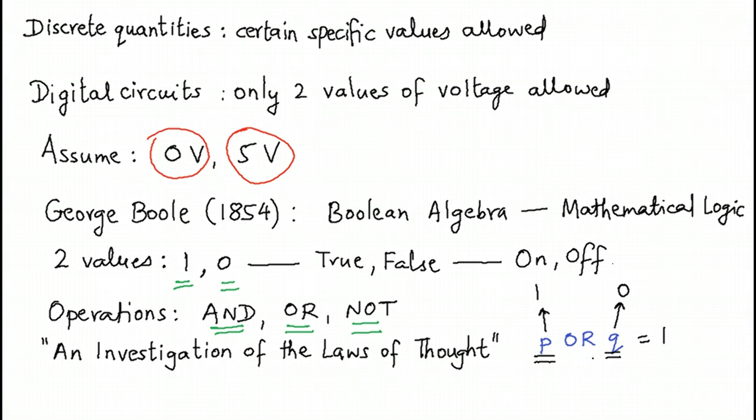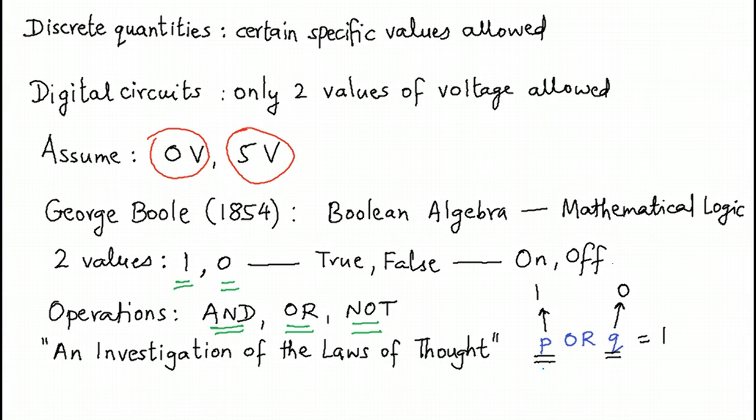Now there is a reason why it has been defined that way, but the reason will be clear a bit later. Currently, you just accept that if P is equal to 1 and Q is equal to 0, then the Boolean expression P or Q gives an answer of 1.